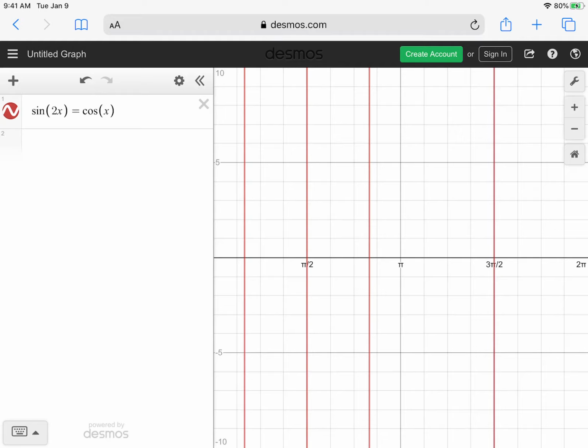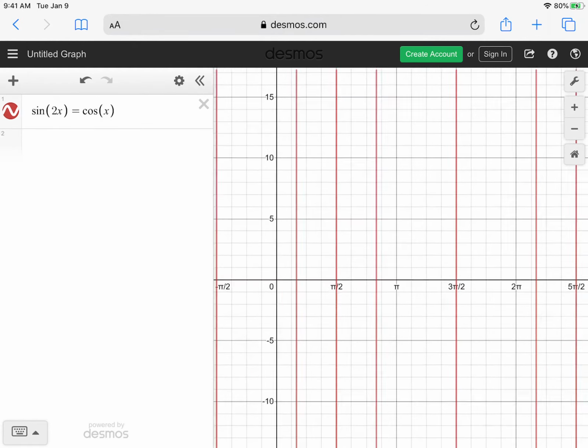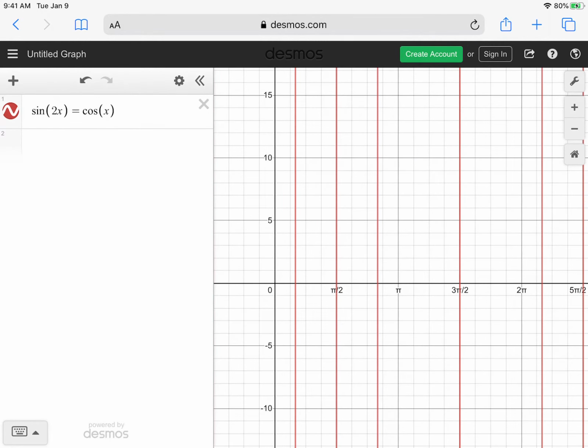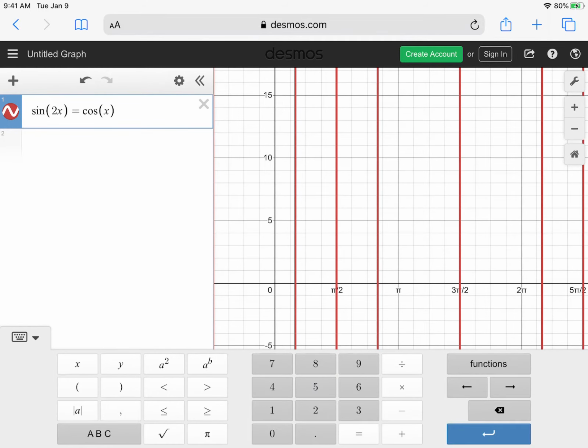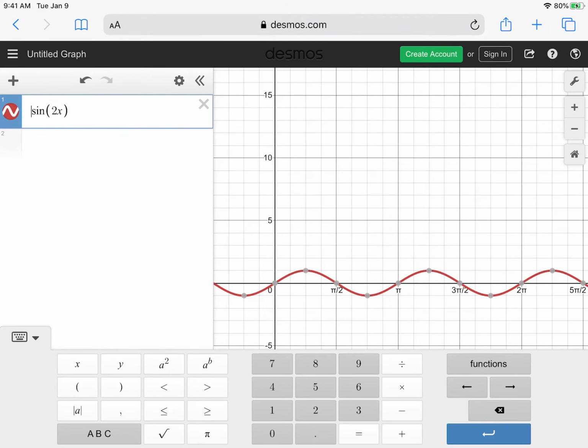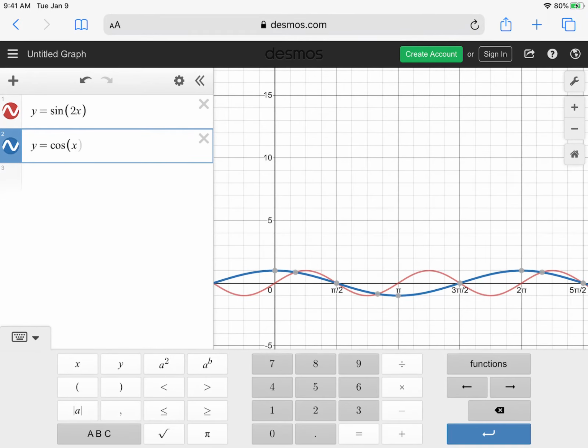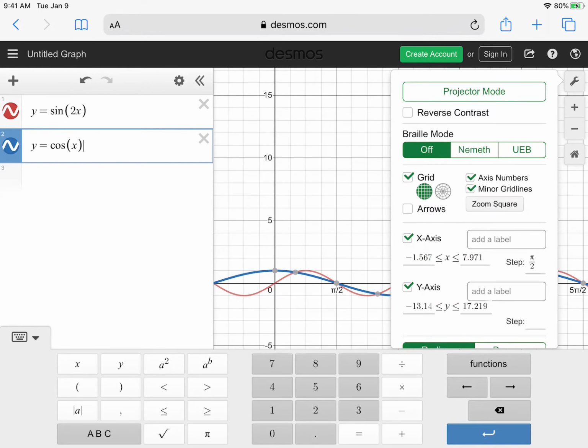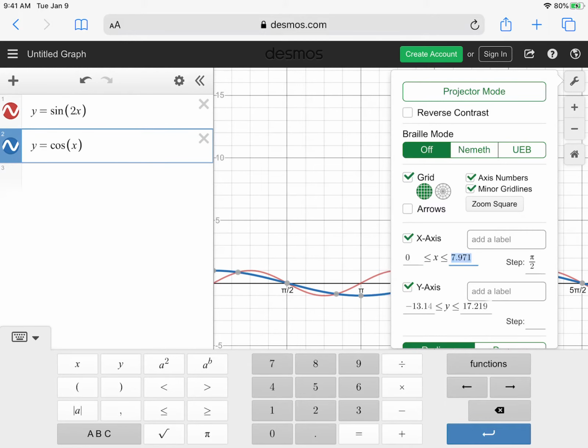And then if I'm looking here, that's just going to give me the graph. I need to find the intersection. So I'm going to say this is y equals, and then my next one, I'm going to do y equals cosine, because then I can find their intersection. Make sure we just went from 0 to 2 pi.